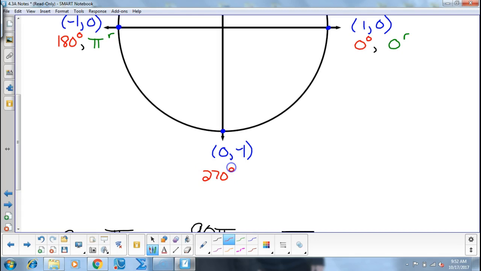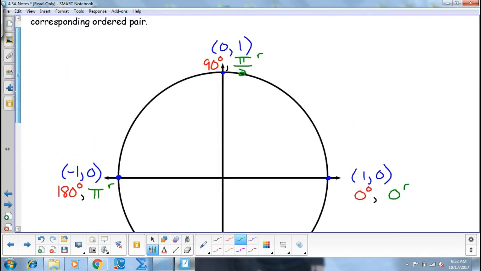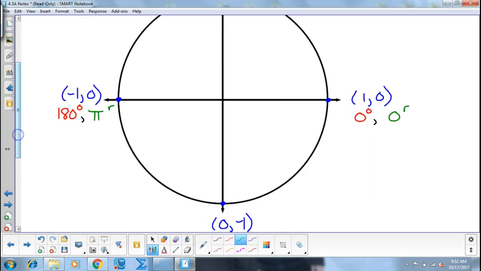In terms of radians, 3 pi over 2. If you think about it, 90 degrees to get to here is pi over 2. So 1 pi over 2, 2 pi over 2, then 3 pi over 2 down here.